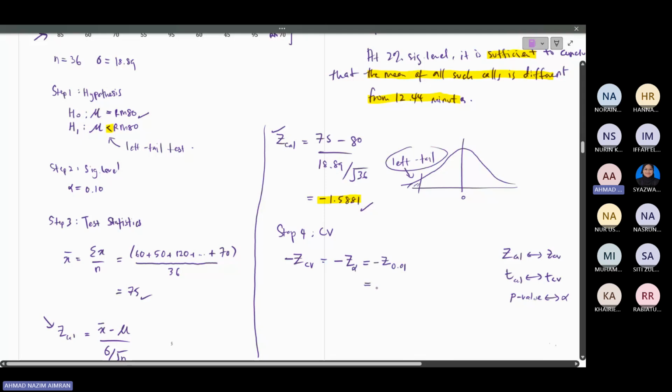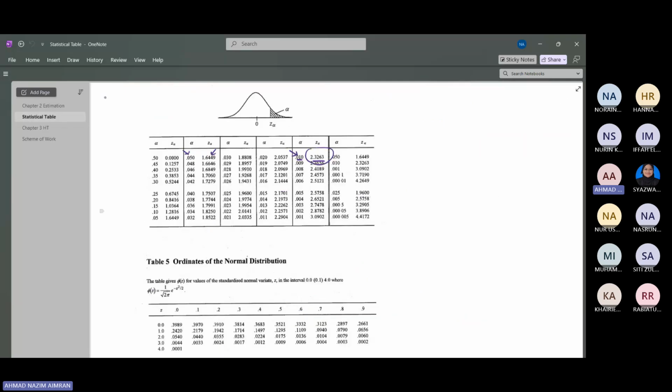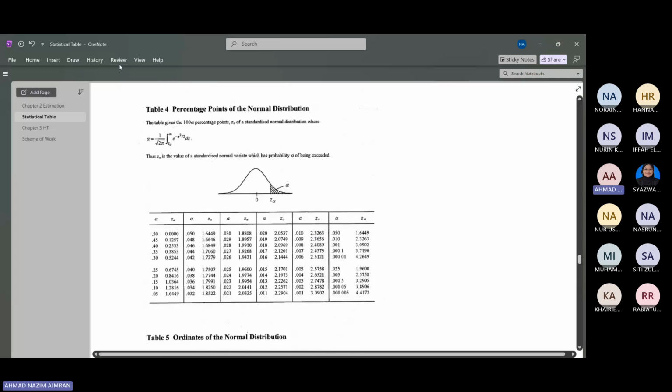From here, go to the statistical table and find 0.01 from table 4.